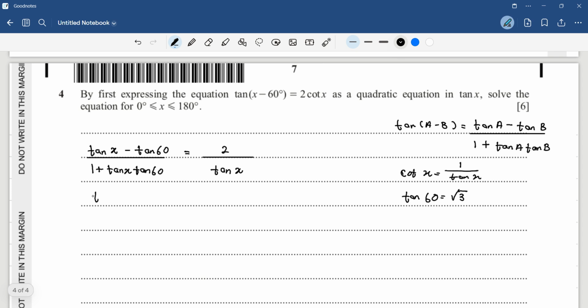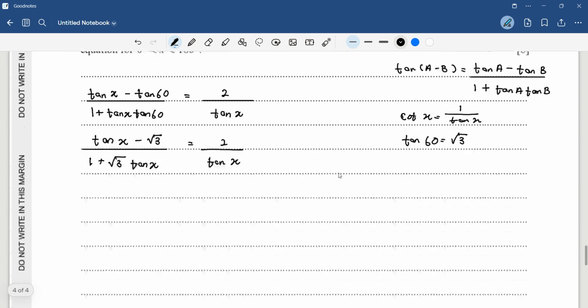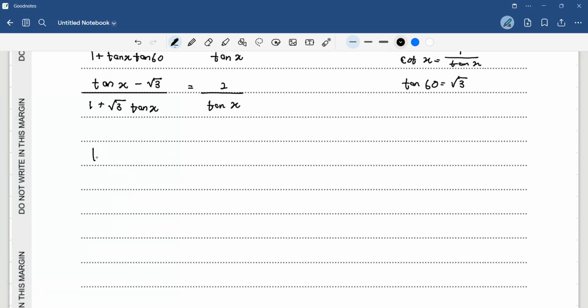Therefore it's going to be tan x minus sqrt 3 over 1 plus sqrt 3 tan x equivalent to 2 over tan x. By cross multiply, you will get tan square x minus sqrt 3 tan x equivalent to 2 plus 2 sqrt 3 tan x.